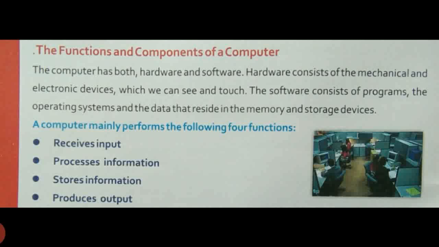And if we take examples of software, then MS Paint, Word, Excel, PowerPoint are the different softwares. Hardware consists of mechanical and electronic devices which we can see and touch. Already we have seen hardware. The software consists of programs, the operating system and the data residing in the memory and storage devices.